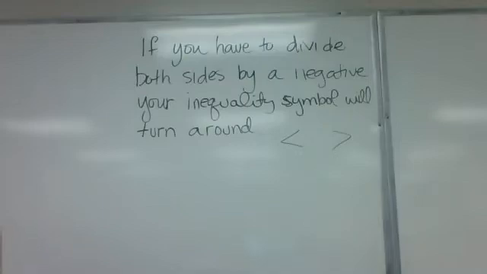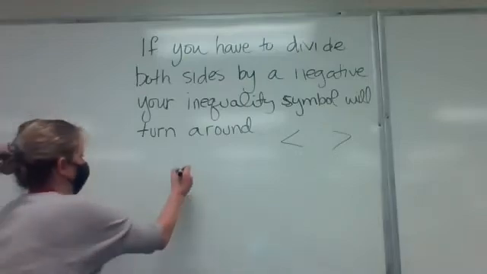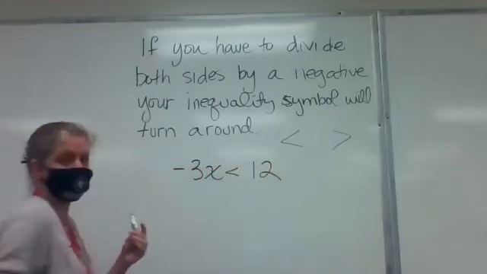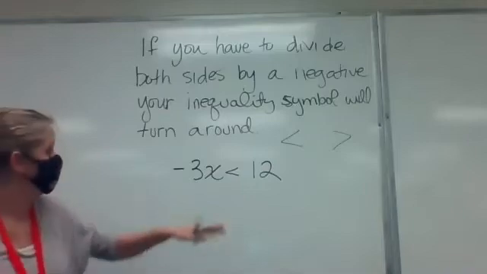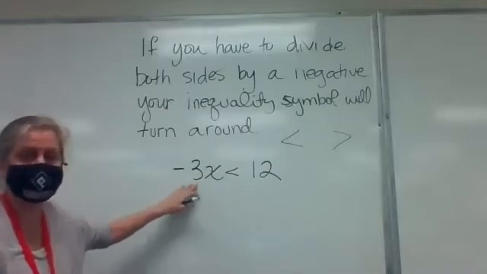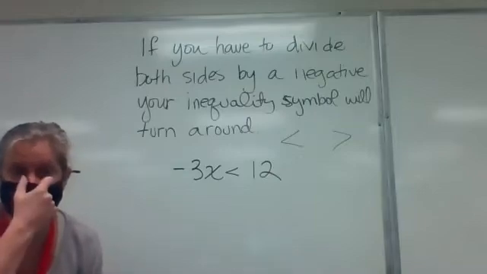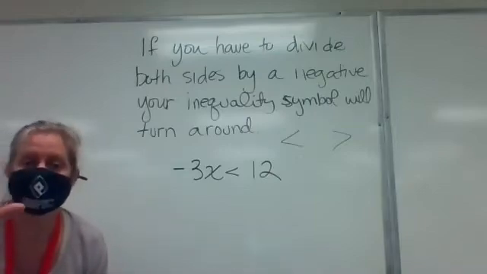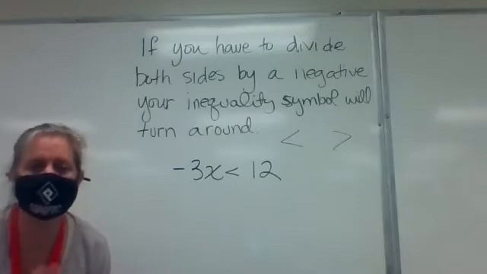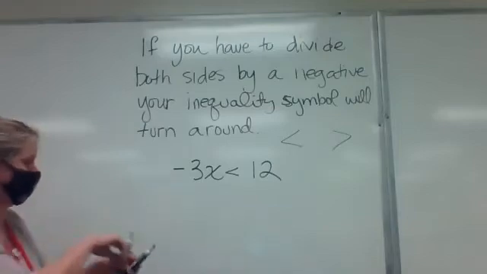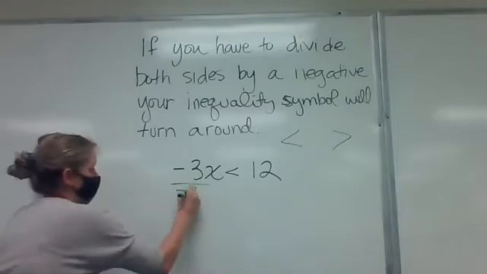So on number 10, I have negative 3x is less than 12. So my number's hooked on, which means I am going to remove it by dividing, because we remove all hooked on numbers by dividing, and you divide by exactly what it is. So since negative 3 is what is hooked on, that is what I'm dividing by.